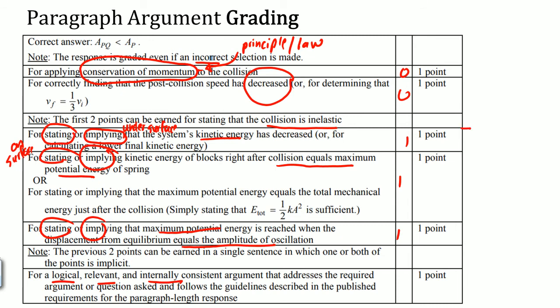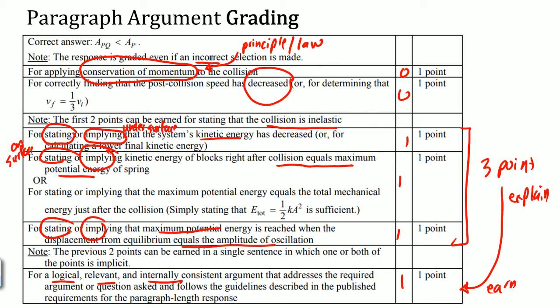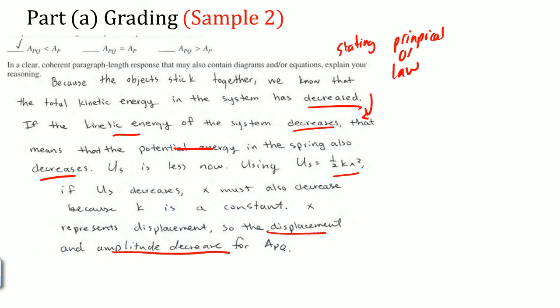The fact that you earn all 3 points here is why you're allowed to get this one. Because these 3 points explain this, it earns the 1 point down here. That's how it works, okay? That's how this student earned that last point, because they earned the middle 3 points.